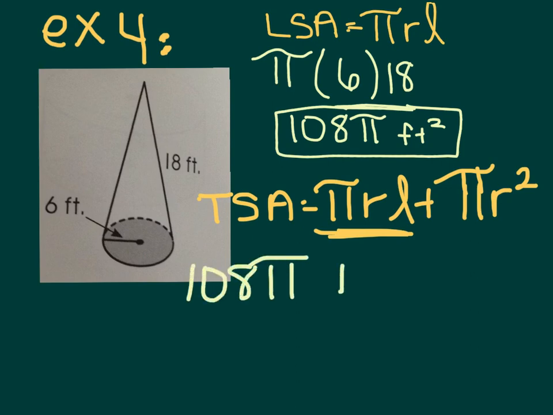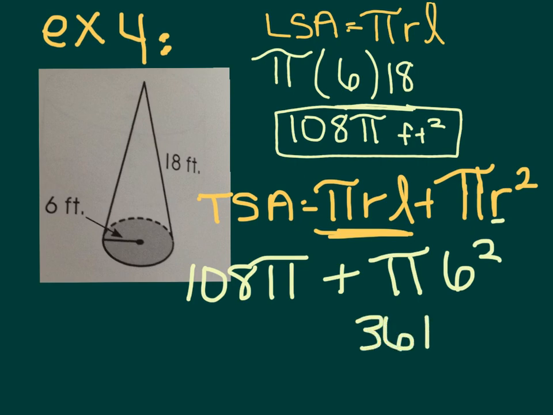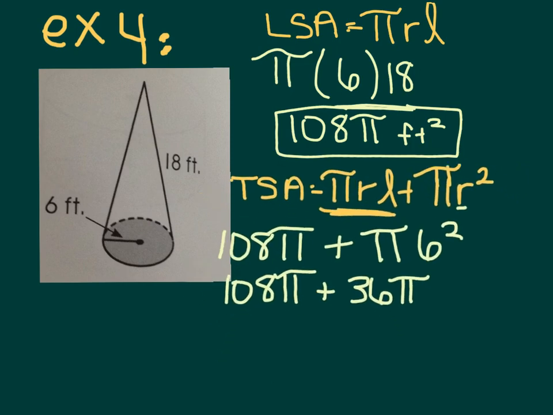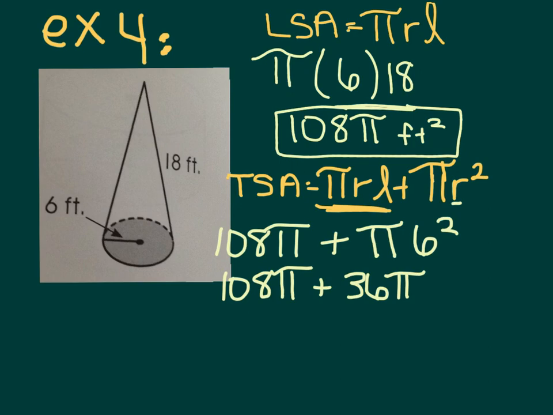And now we're going to go ahead and plug in our radius right here and get that second part. So that would be a 6. And 6 squared is 36. So we're just going to combine these two right here. We got 108 pi plus 36 pi, which will add up to 144 pi.